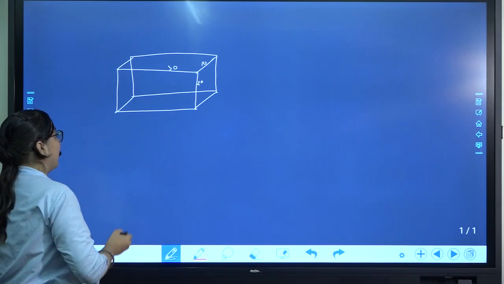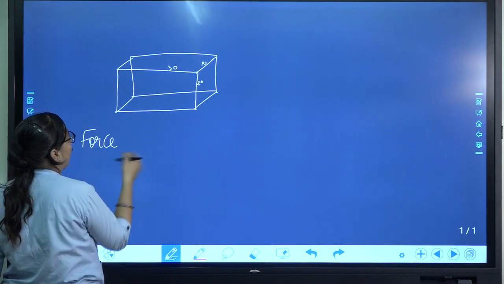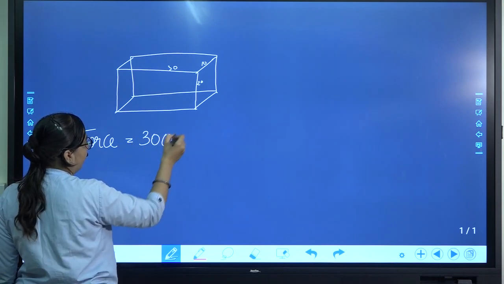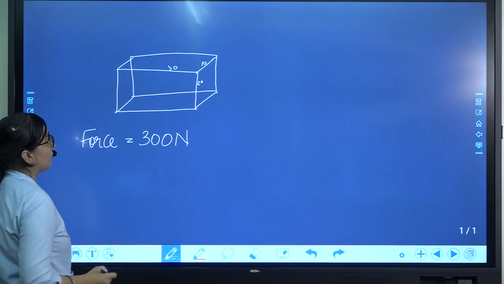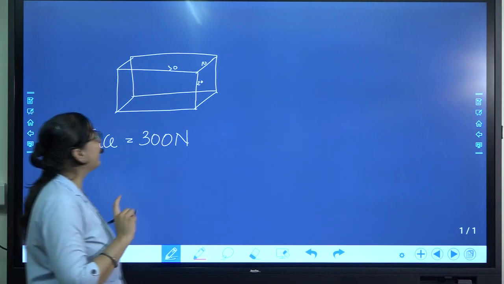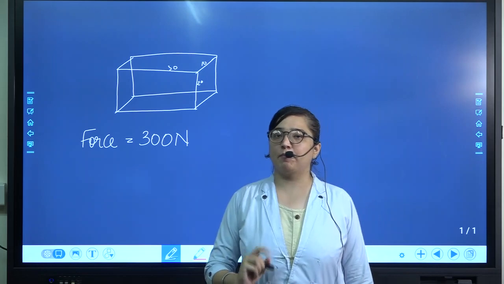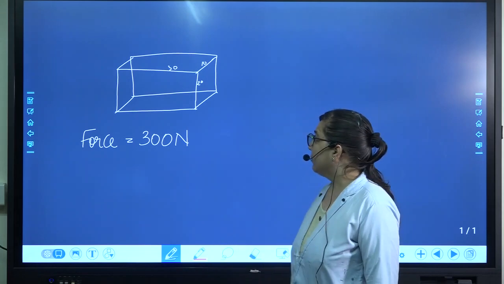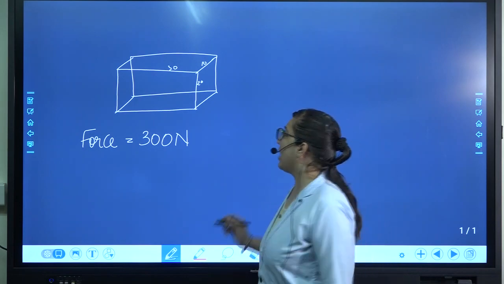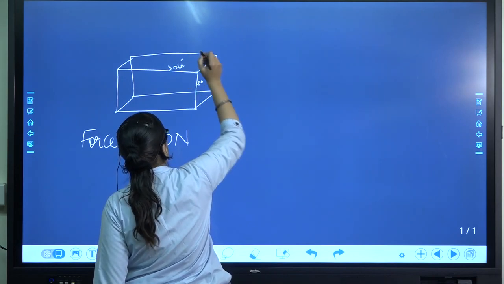If the force that is exerted on every side, on every part of it is say 300 Newton, you have to calculate pressure exerted on each and every face of this block. Force is given, dimensions are given, you just have to calculate the pressure. This is in centimeter.